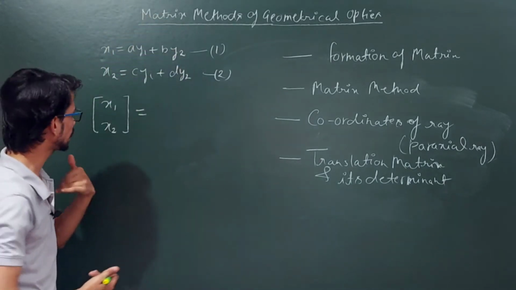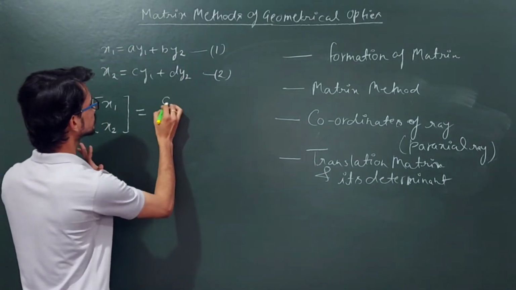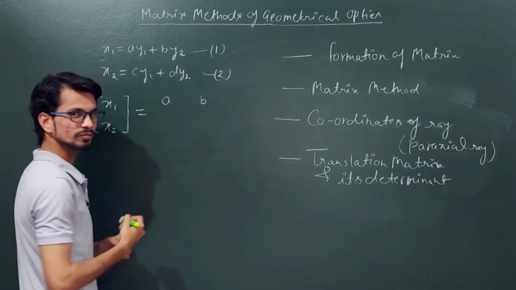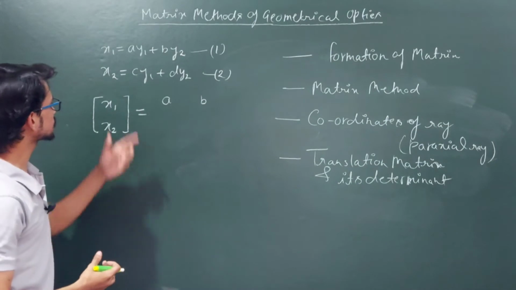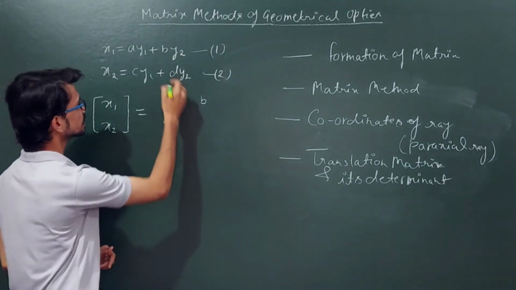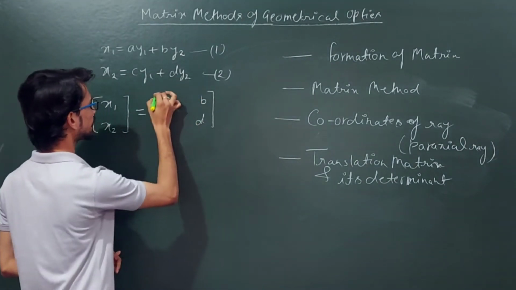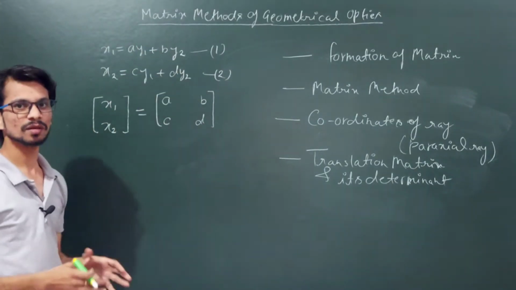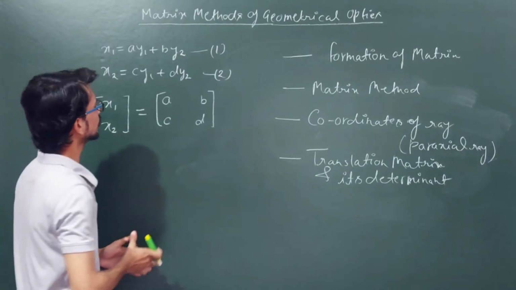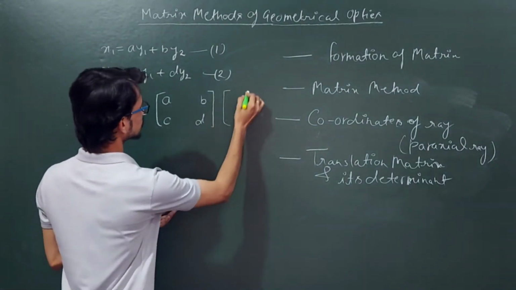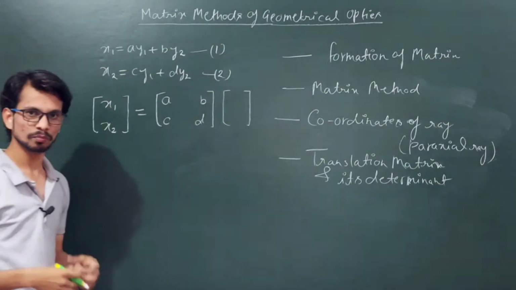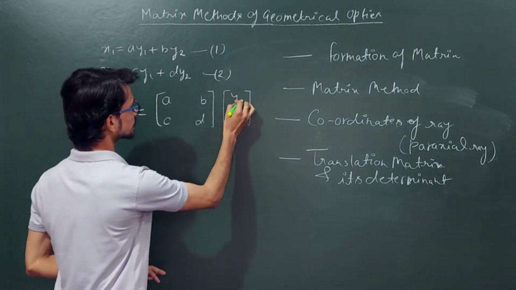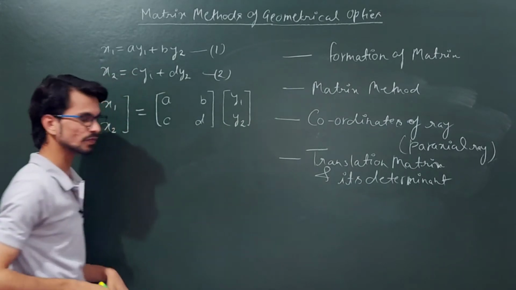So let us write a, the coefficient of y1, and b, the coefficient of y2. Do the same process for equation 2. This is c, this is d. So this is what we have, a matrix of the coefficients of the variables in these two equations. Now what about the variables? The new matrix will be formed of these two variables, y1 and y2.